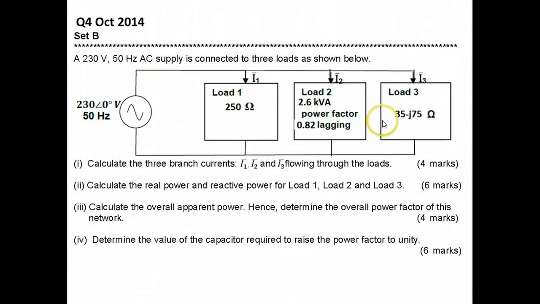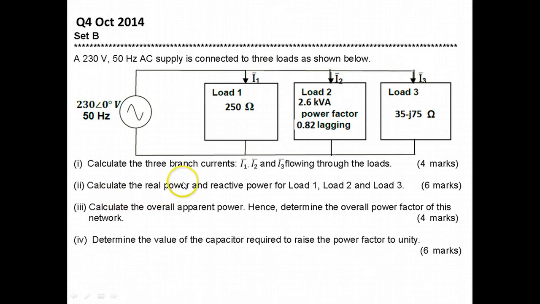Now this quiz question goes as follows. A 230 volt 50 Hz supply is connected to three loads, load 1, load 2 and load 3, all with information given, and we are asked to calculate branch currents I1, I2 and I3.